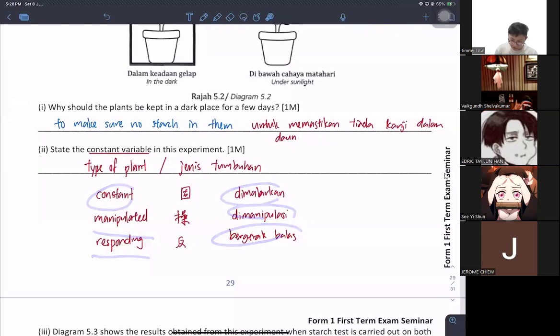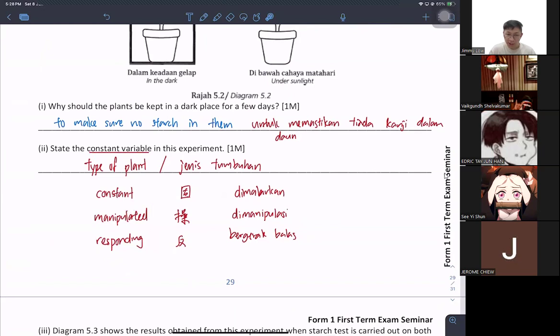Dimalarkan is constant, dimanipulasi is manipulated, bergerak balas is responding. Constant variable means the thing that is not changing, that cannot be changed in the experiment. Manipulated means the thing that has to be changed in the experiment. Responding variable means the thing that you want to know in the experiment.